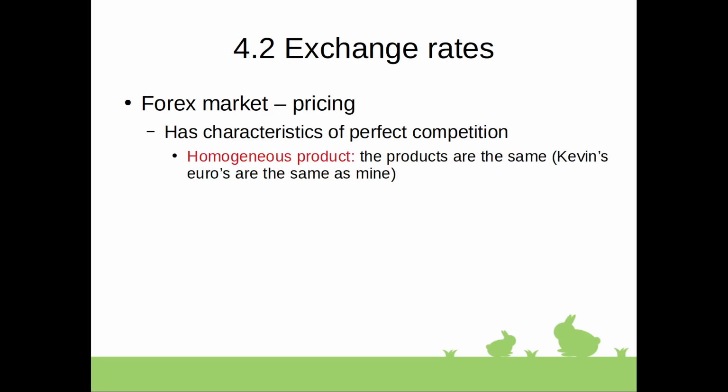The very first thing is that everything being traded on the market is homogeneous, meaning that everything is the same. So the euros that Kevin is holding are the same euros as the ones in my wallet or in my bank account.